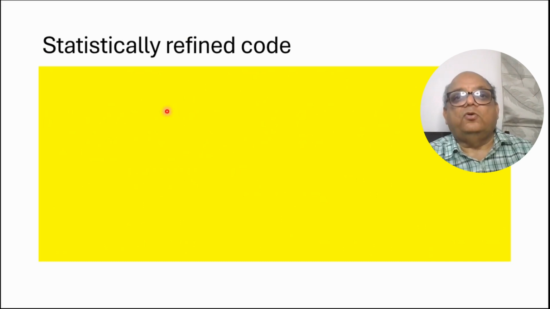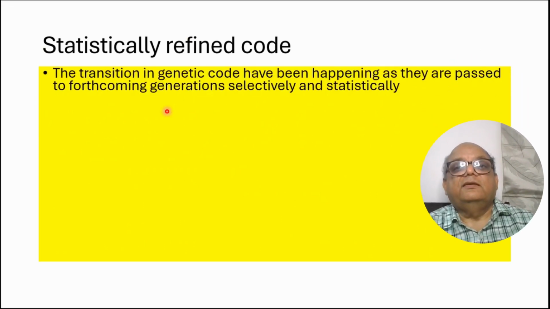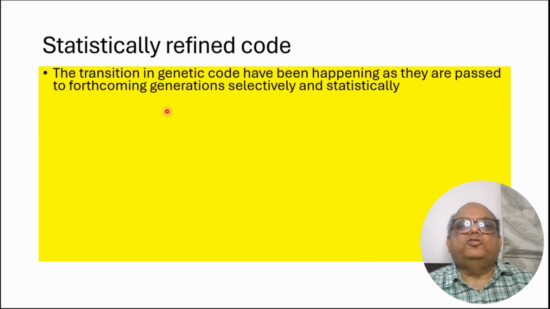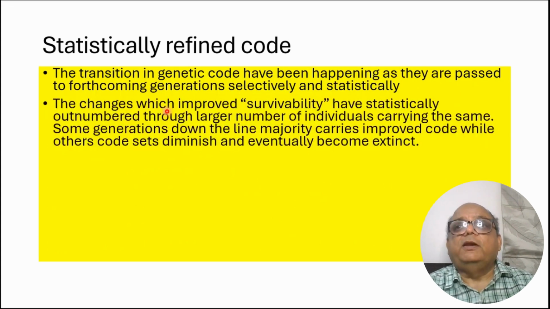Statistically, the genetic code is getting refined over generations, selectively and statistically. Suppose some changes happen in the genetic archive and that improves the survivability of those who carry the modified archive. After a few generations, those individuals having those changes will outnumber the others.